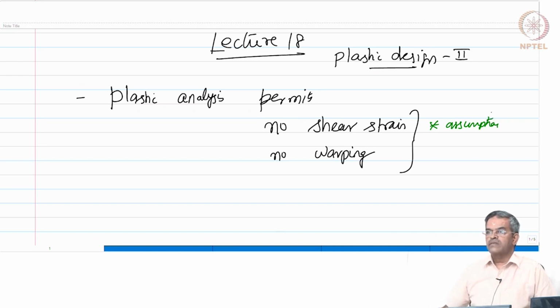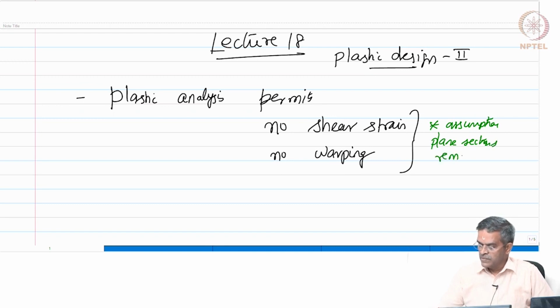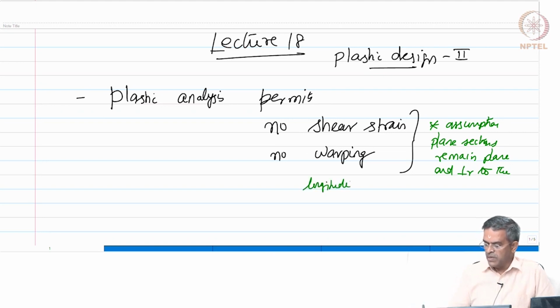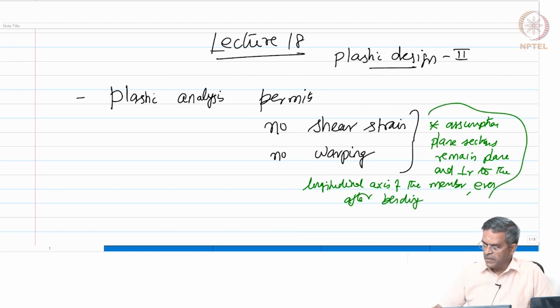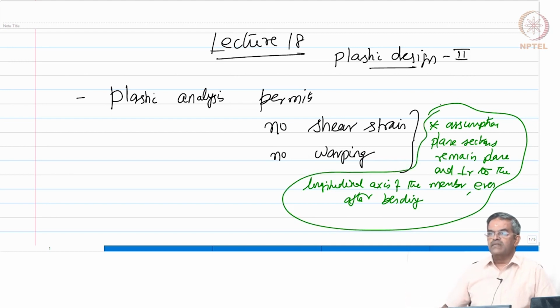The very strong assumption is that plane sections remain plane and normal to the longitudinal axis of the member, even after bending. It is a very interesting and very vital assumption we make in plastic analysis, which can be expressed diagrammatically like you see here.